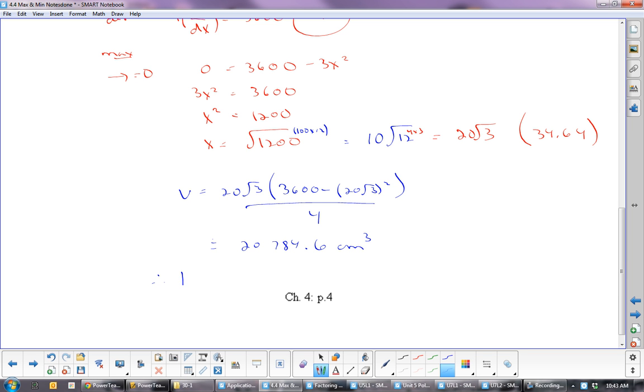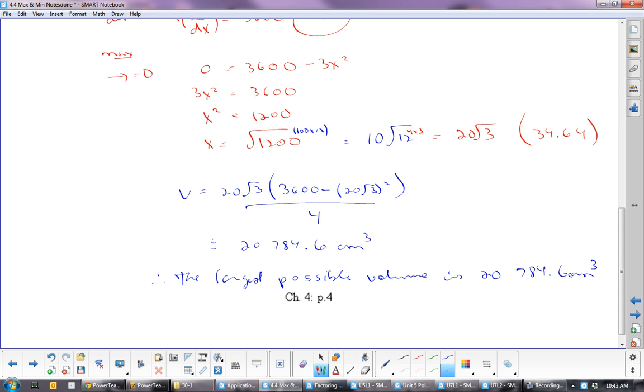So therefore, the largest possible volume is 20,784.6 centimeters cubed.